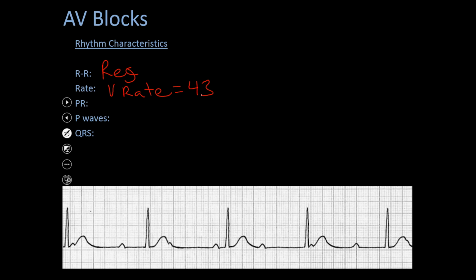However, let's take a look at the atrial rate. There's a P wave. There's a P wave. Looks like there's about 4 small boxes. So that means the atrial rate is 75 beats per minute.